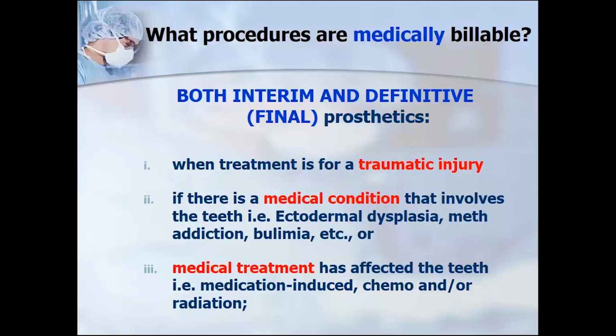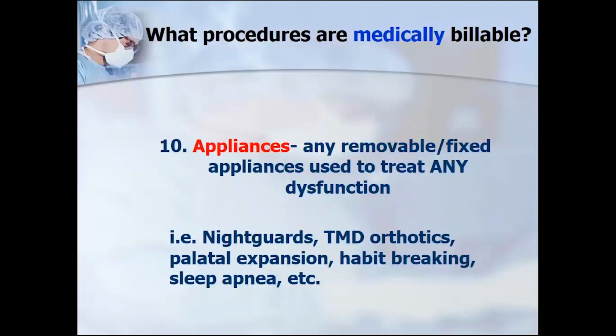Both the interim and definitive or final prosthetics are covered when treatment is for a traumatic injury, if there is a medical condition that involves the teeth, such as meth addiction, bulimia, ectodermal dysplasia, etc., or medical treatment has affected the teeth. In other words, the teeth have been affected by medication that's been taken, chemotherapy, radiation, those types of medical treatments.